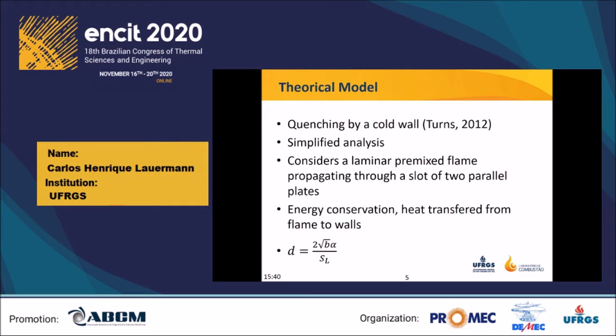Using this model, it's possible to determine the quench distance, equal to 2 times the parameter b, which depends on the temperature, pressure, mixture compound, thermal diffusivity, and the laminar flame speed. In the next slides we're going to talk more about this parameter b.